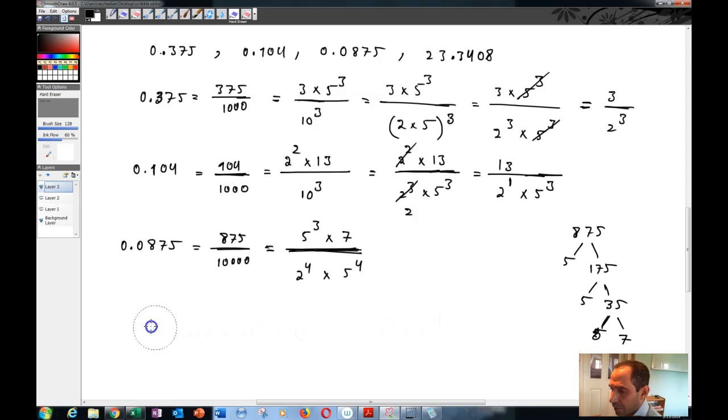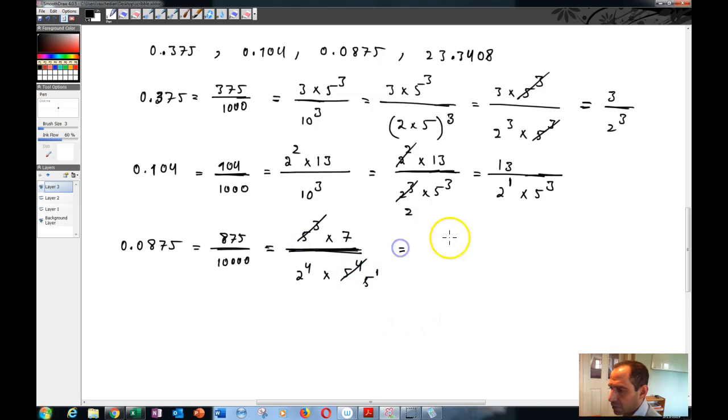Okay. Now what happens here is that here you have 5 raised to the power 3, and 5 raised to the power 4, so you can simplify this. You can write 5 raised to the power 1. So this is equal to 7 over 2 raised to the power 4 times 5 raised to the power 1.